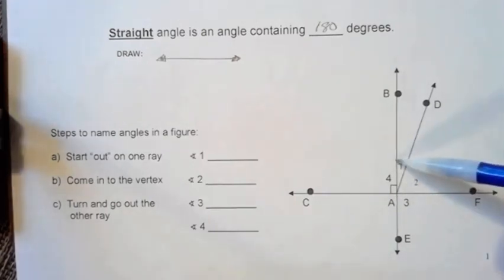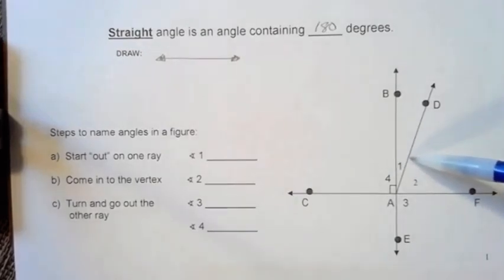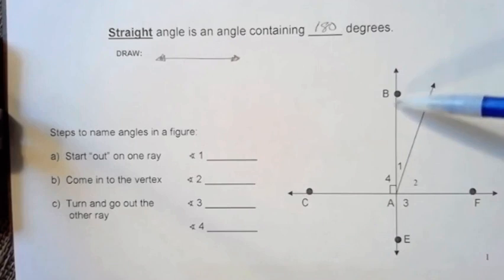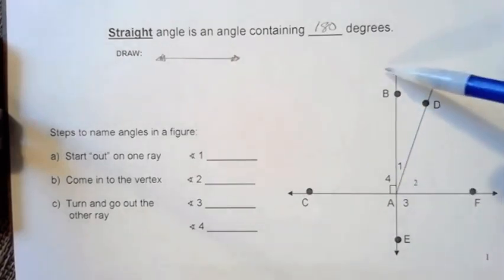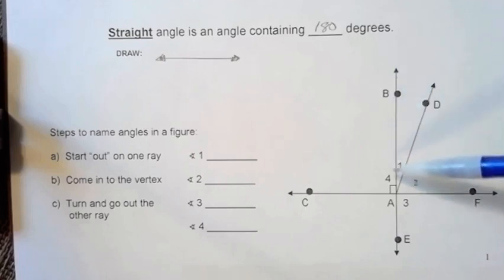Here's angle number 1, between these two rays. Again, I'm going to name it by three letters since I can't name it by just the vertex point. I'm going to start out as far as I can on one of the rays, move into the vertex point, and then go out as far as I can on the other ray. So this I could name angle BAD or angle DAB.